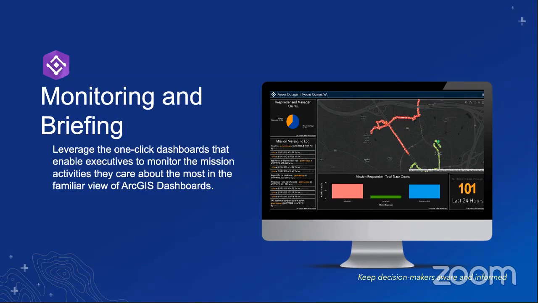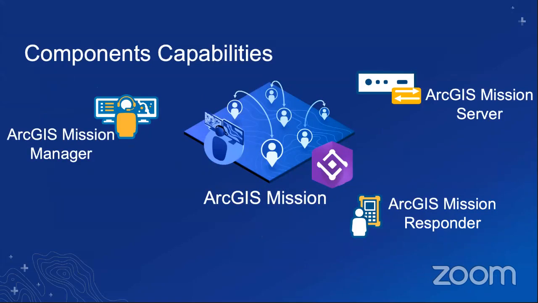These dashboards can be embedded in a story map where we can use text and multimedia to enrich the content of the story that we are reporting or briefing our executives on. So let's talk about the capabilities of each of the components.